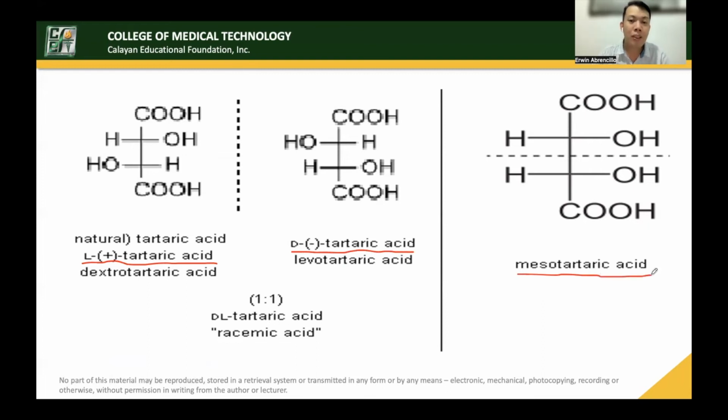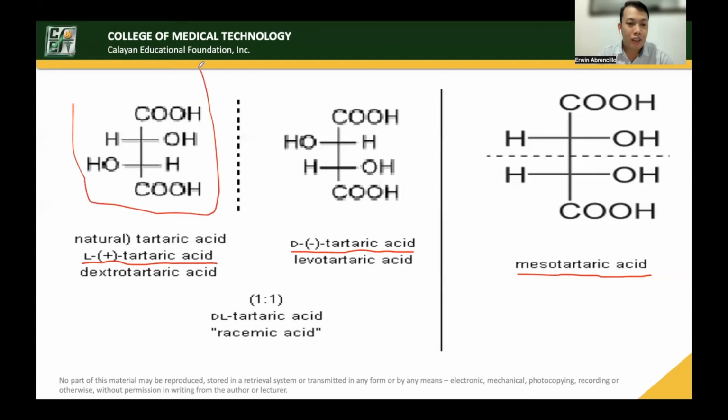Don't mind the names. We are not here to learn the names of these three specific acids, but this will give you an idea of what enantiomers and diastereomers are.